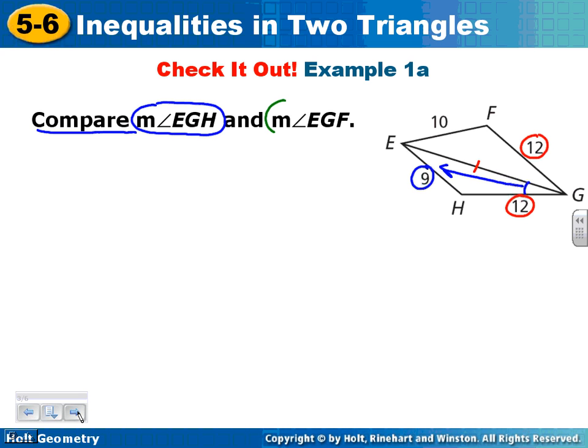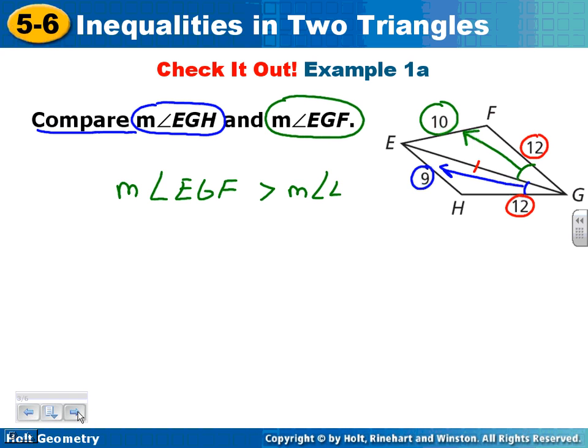The second angle, I'll circle it, is EGF. So it's this angle I put in green, and its opposite side is a measure of 10. Well, 10 is bigger than 9, so I can write the measure of angle EGF, that's my 10, so that's got to be greater than the measure of angle EGH. And of course, you can write it the other way around and put a less than symbol in the middle.